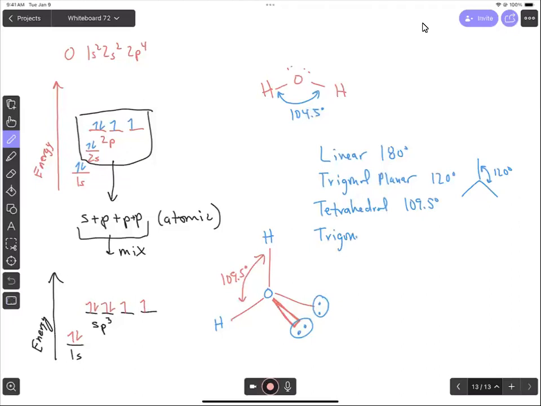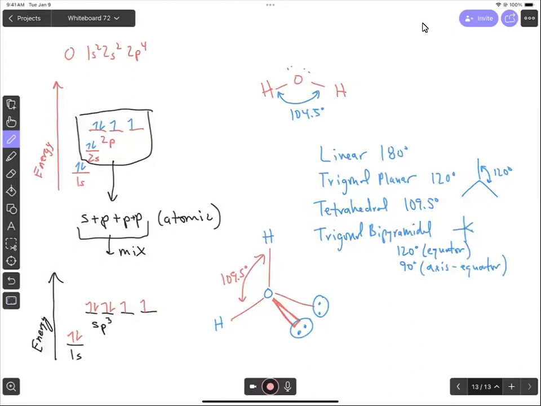Trigonal bipyramidal is 120 around the equator, and then 90 degrees axis to equator.